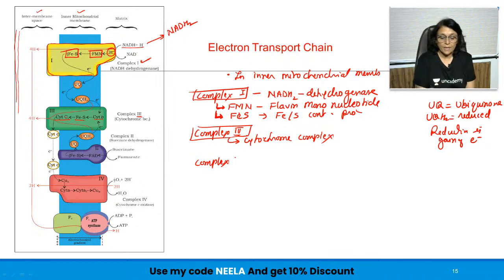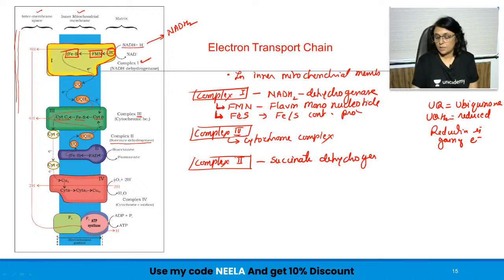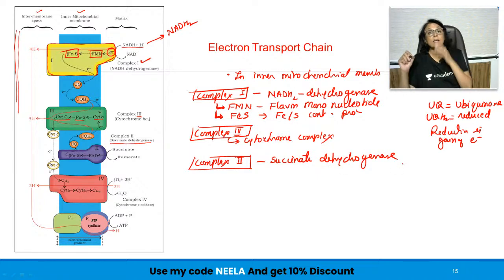Okay, now next is complex 2, and it is succinate dehydrogenase. These are enzymes or molecules which are also acting as electron transporters.